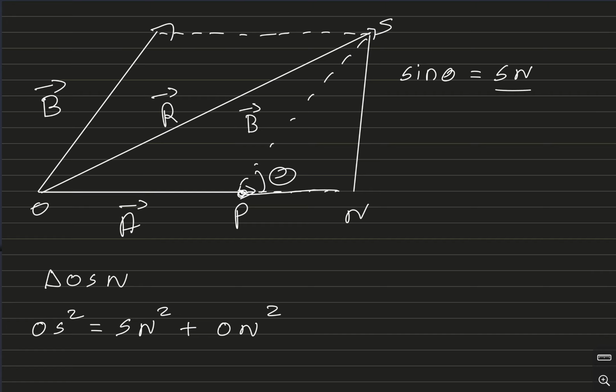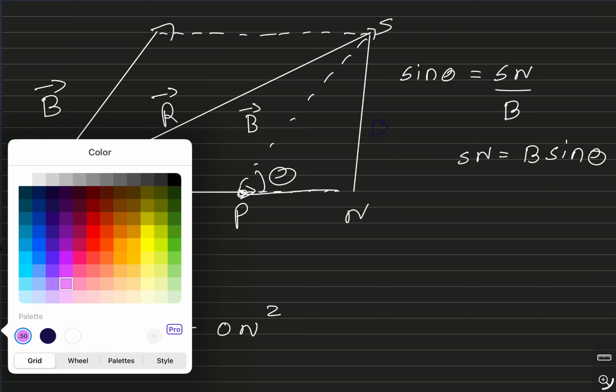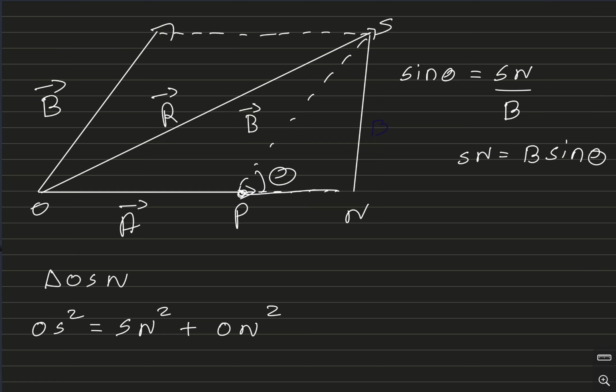And what is the hypotenuse? It will be B. So SN is equal to B sin theta.